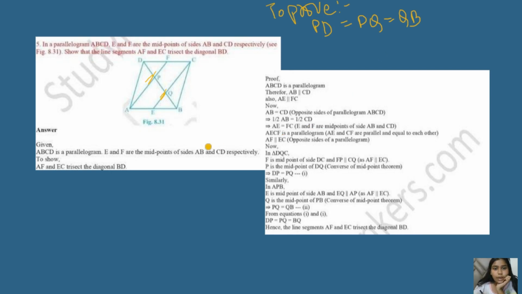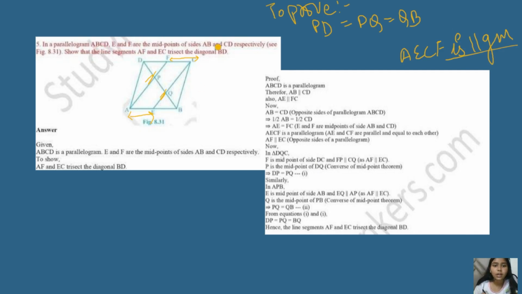So AE will be equal to FC, and AE is already parallel to FC. So AECF is also a parallelogram, because in this case opposite sides are equal as well as parallel.